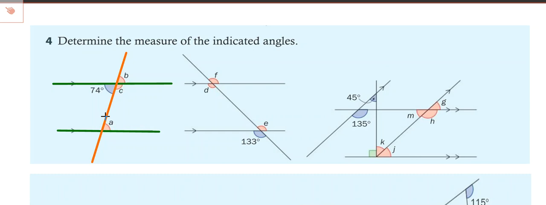So now I am looking for Z angles and F angles. For instance, I look at the 74 that I know, and I ask, is there a Z that can help me find things? If I look where that angle is and I go down, here is a Z. So that means A is going to be 74, because I know Z angles are equal.